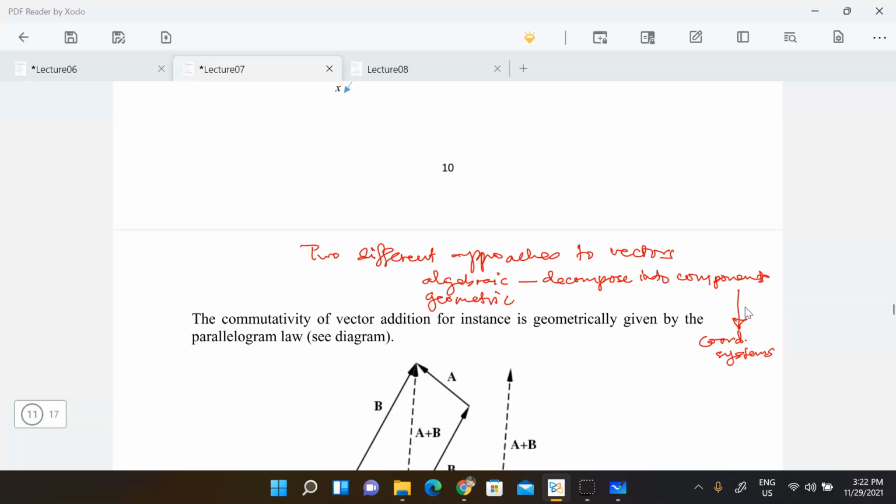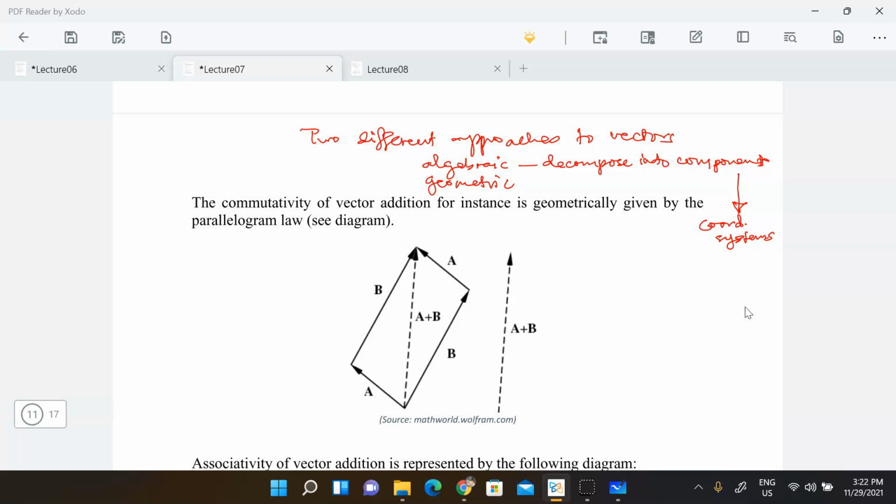Okay, so the geometric way of approaching vectors is to use the relationship between vectors rather than breaking it down into components.